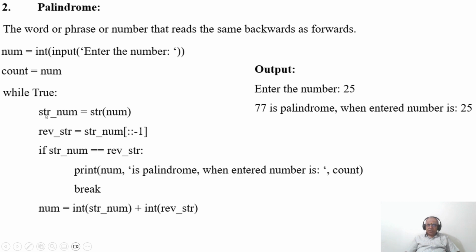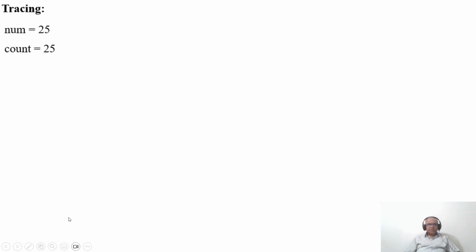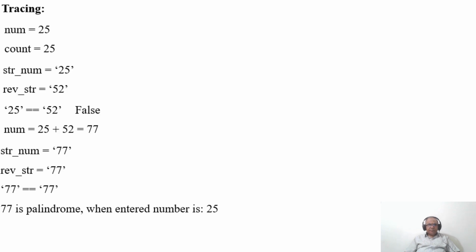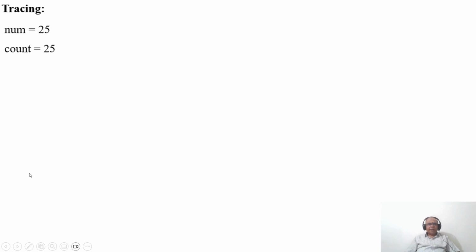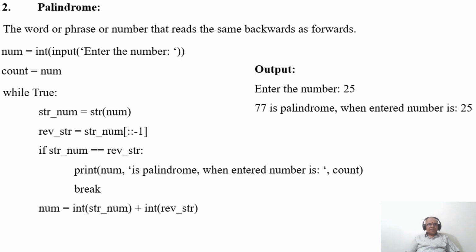So the condition is true now. Str num is going to become the new num, which is 77. And what is the reverse string? Reverse string also becomes 77. Why? You can see reverse string is from str underscore num.